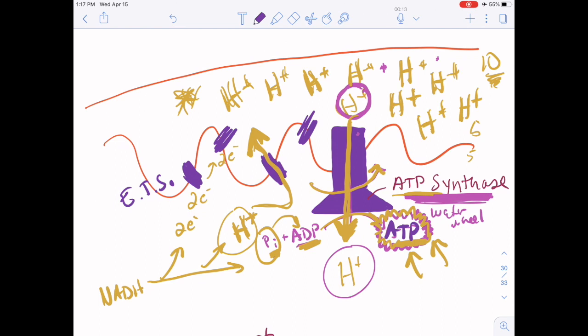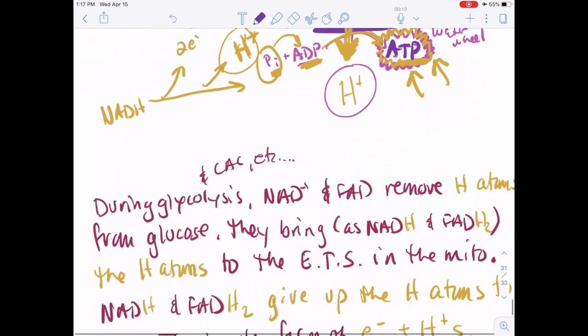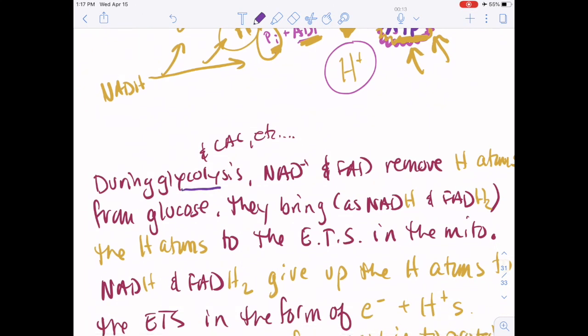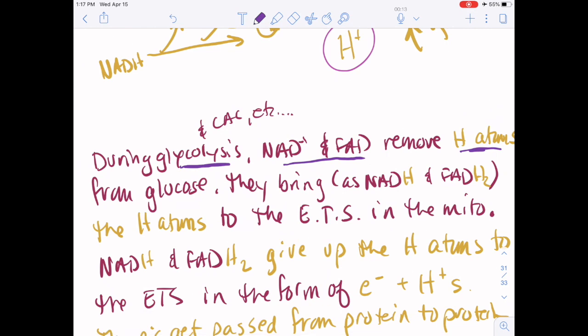So let's catch up with our excellent paragraph here. Let's review this again. During glycolysis, NAD and FAD remove hydrogen atoms from glucose. They bring those hydrogen atoms, they become NADH and FADH2, and they bring those hydrogen atoms to the electron transport system in the mitochondria.